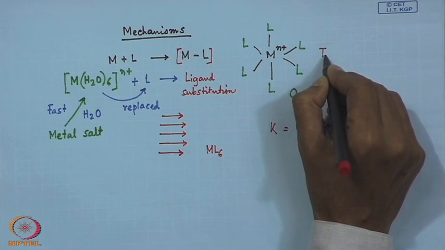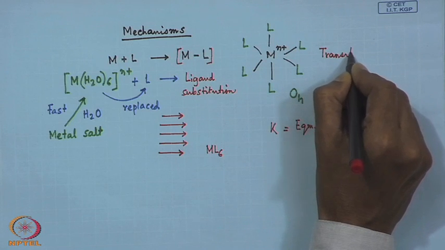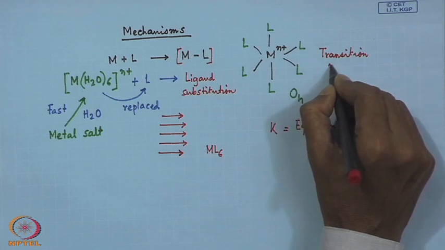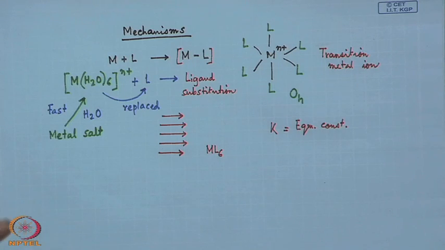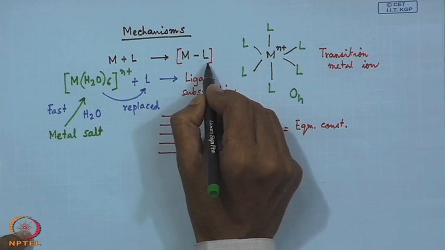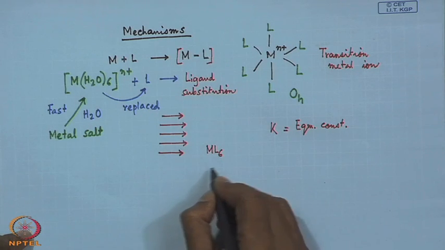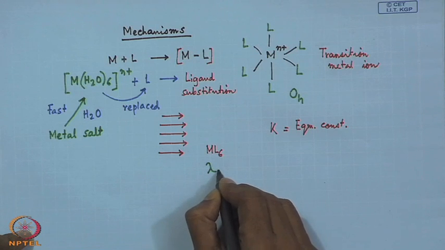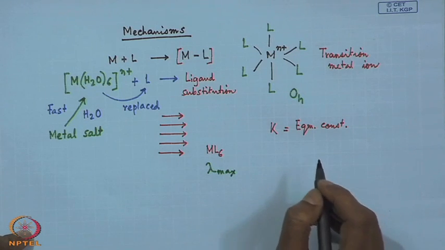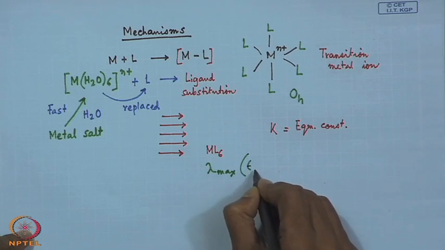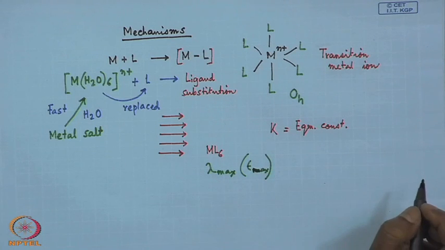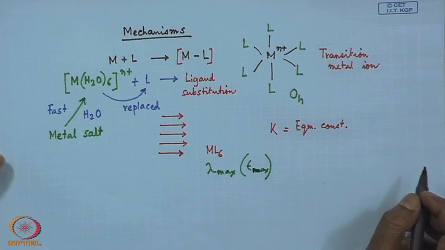metal complexes of transition metal ions. If this is a transition metal ion, that particular ion would be colored, and we can monitor the formation of this ML or ML6 compound by looking at the lambda max value for the formation of this particular ML6 species and its epsilon max, the molar absorptivity of that compound.